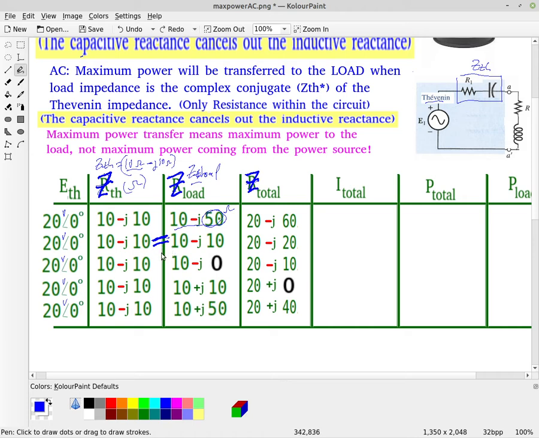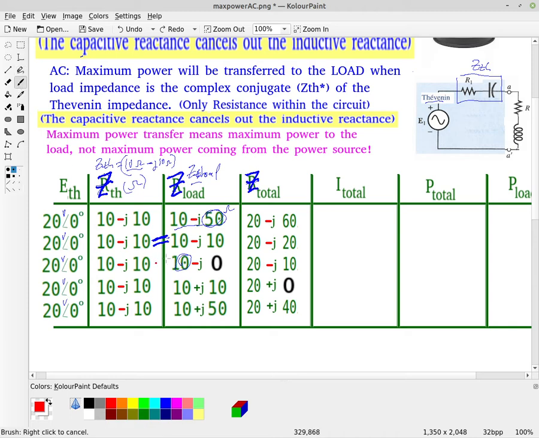In the third case, I'm going to have the load with no reactance at all, so it's only resistive in the load, but the Thevenin does have that minus j10 capacitive reactance in it. And then I'm going to do the case where this is the complex conjugate piece here.